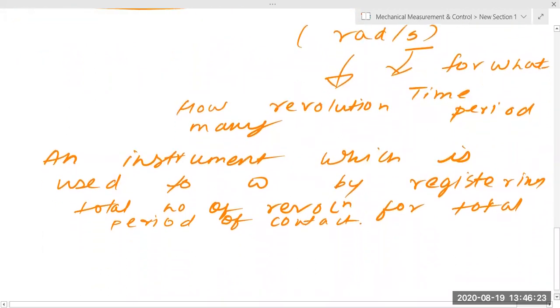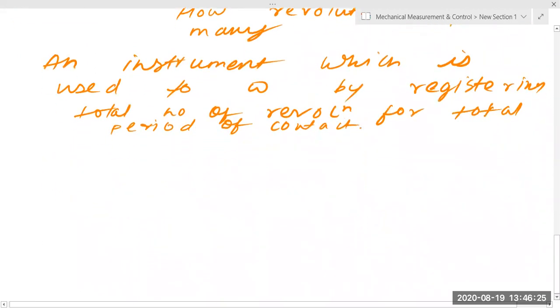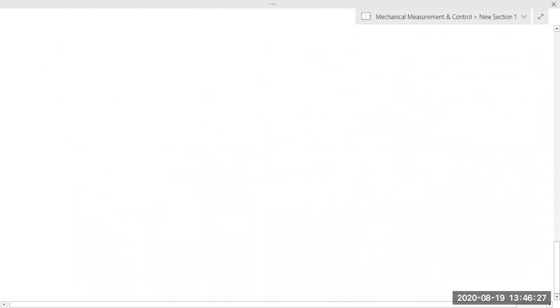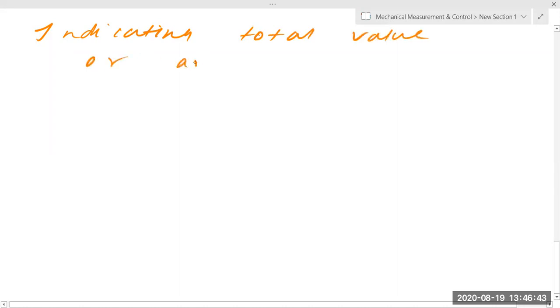One more thing you can define: it will be indicating either the total value or the average value of rotary speed.